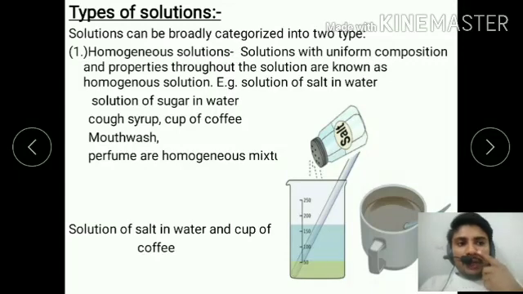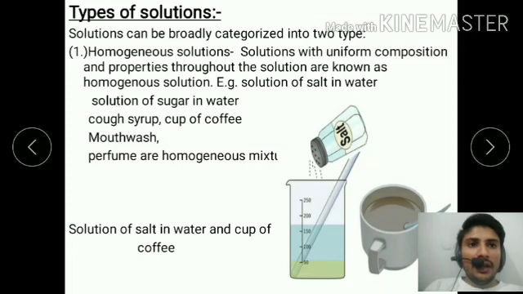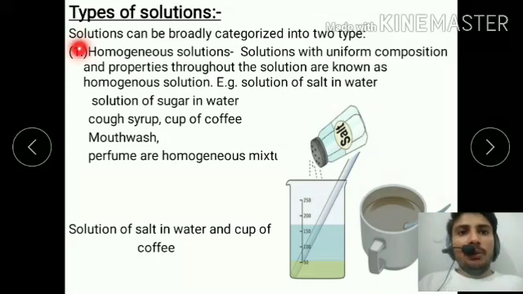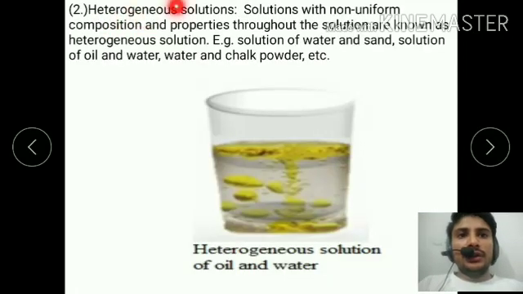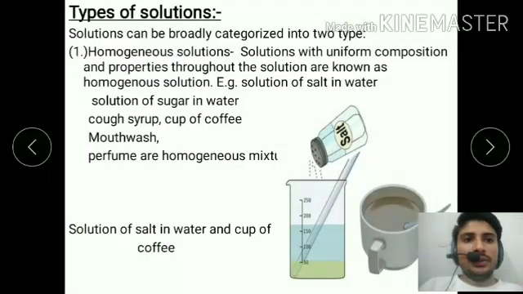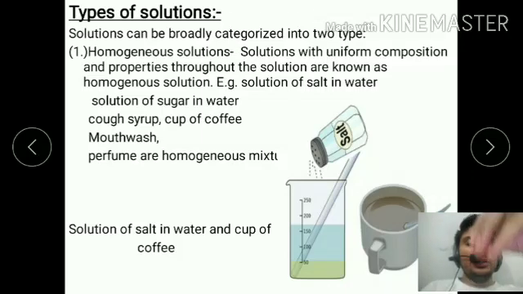Then we study the types of solutions. How many types of solutions are there? According to chemistry, there are two types: homogeneous solution and heterogeneous solution. First, see the homogeneous solution. Solutions with uniform composition and properties throughout are known as homogeneous solutions. Uniform composition means the solute is properly dissolved in the solvent.